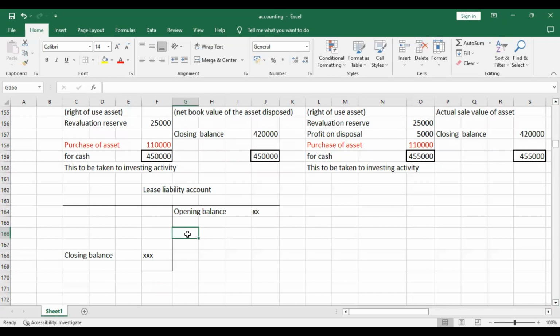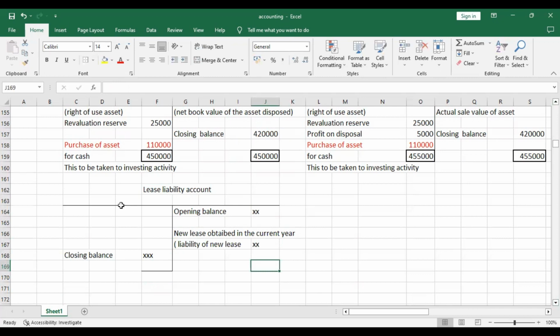New lease obtained in the current year. Liability of the new lease, that you have to take.